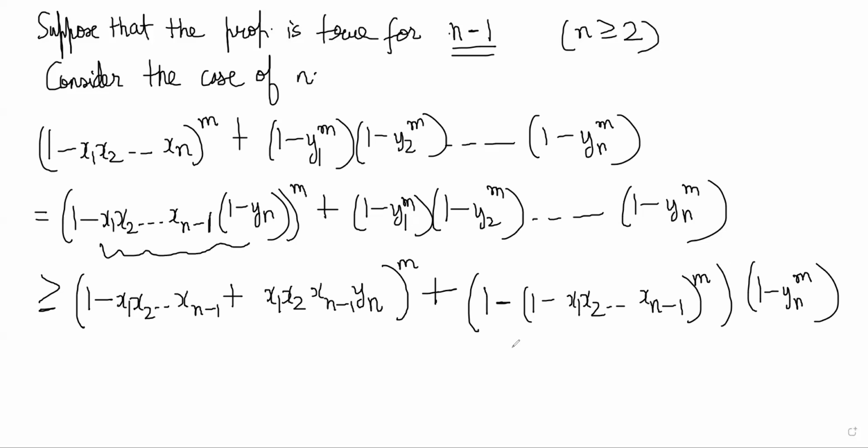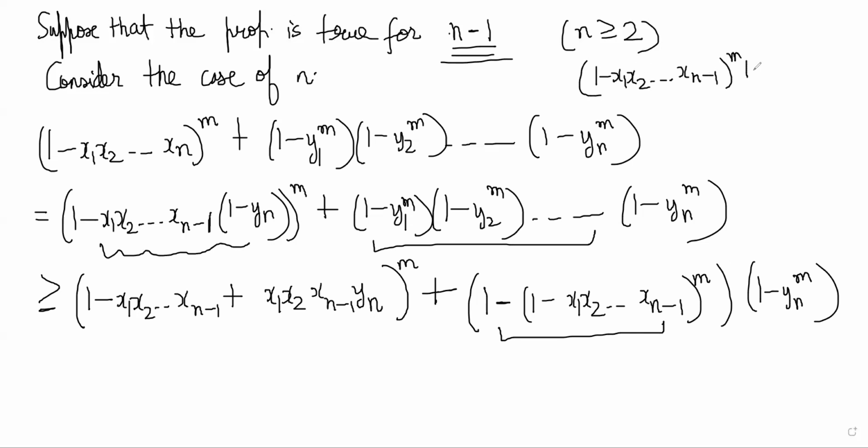So what am I doing here? I am using the induction step for this n minus 1 term. Because it is true for n minus 1, what do I have? I have (1 minus x1x2...x(n-1)) whole power m plus (1 minus y1) to the power m, so on until (1 minus y(n-1)) to the power m is greater than or equal to 1, right?